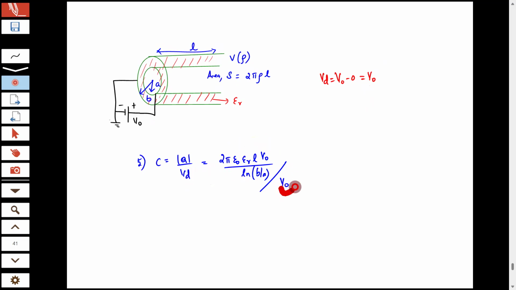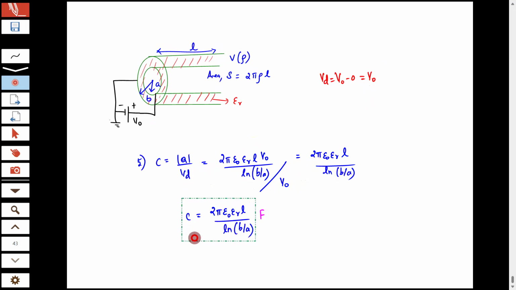So Q divided by difference in potential will cancel out this V naught, and you'll be getting the capacitance for cylindrical capacitor as 2 pi epsilon naught epsilon r L divided by logarithm B by A, where L is the length of the capacitor and B is the outer capacitor's radius, meaning outer cylinder's radius of this capacitor, and A is the inner cylinder's radius of this capacitor. And the unit of capacitance is given in terms of farads.